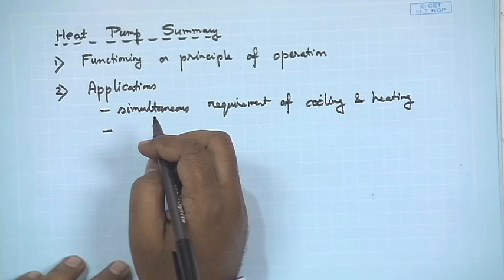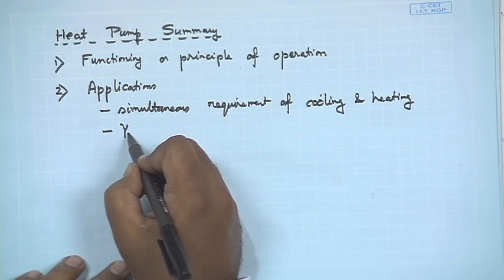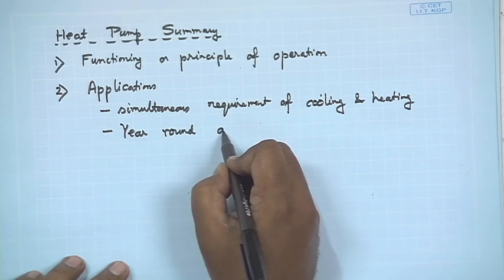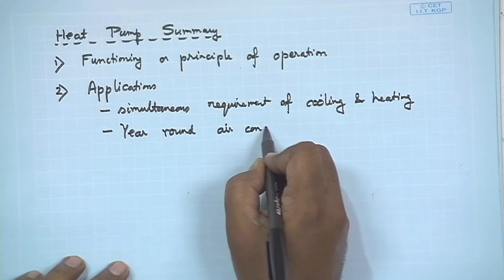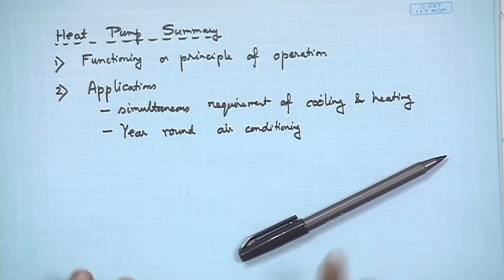Okay. So then what we did was we looked at a few specific examples, those were generic scenarios. One of them was year-round air conditioning, right. So this was a reversible heat pump that we talked about.